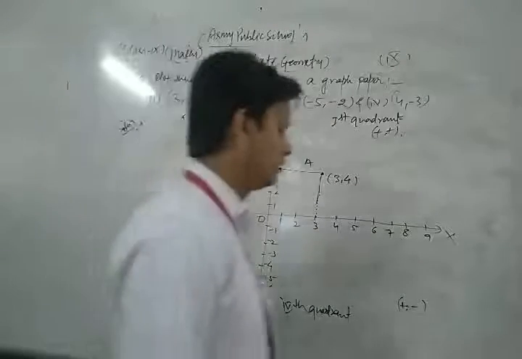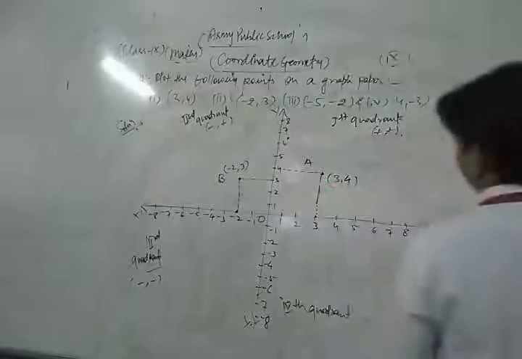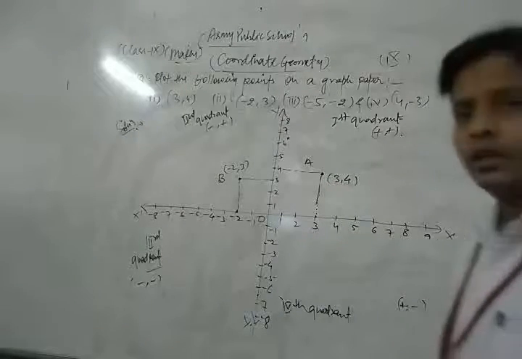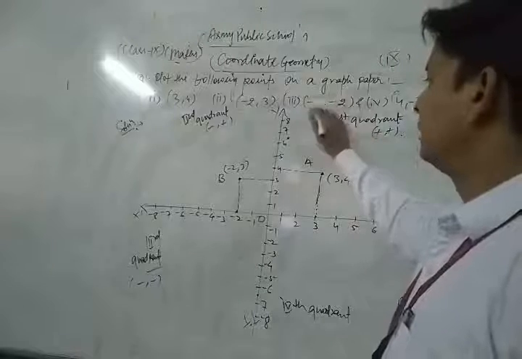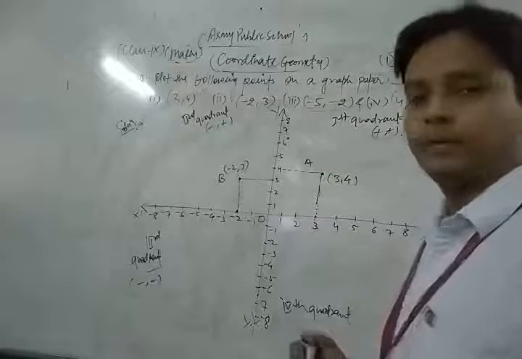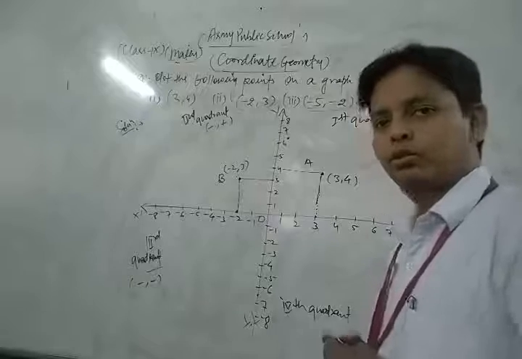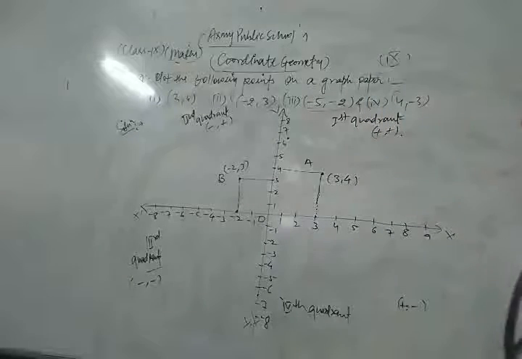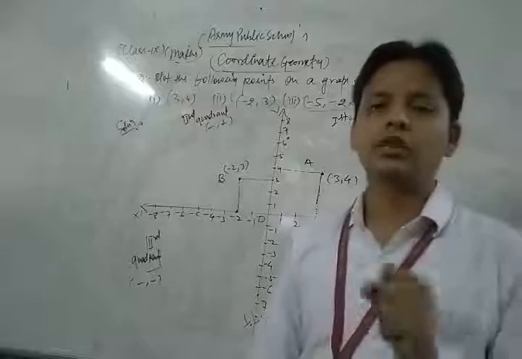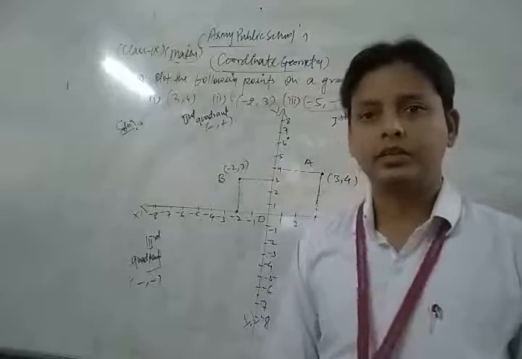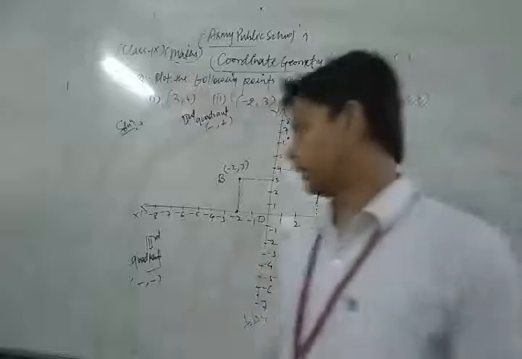Okay, similarly, dear friends, we plot the third point. In the third point, this is (-5, -2), which means the abscissa and ordinate both are negative. Both are negative, so in which quadrant? Dear students, both negative is the third quadrant.